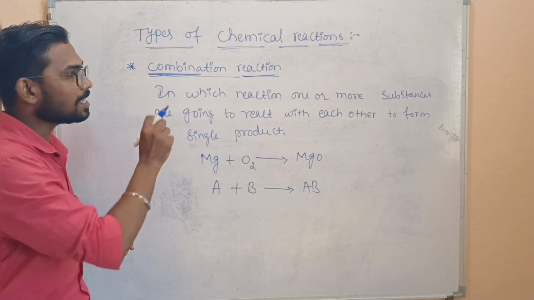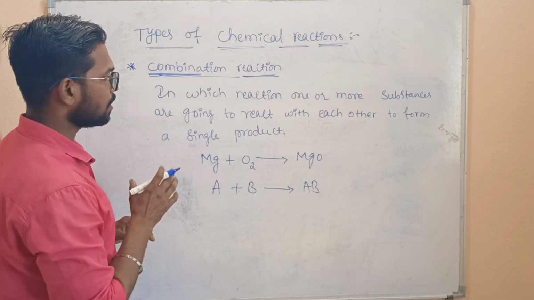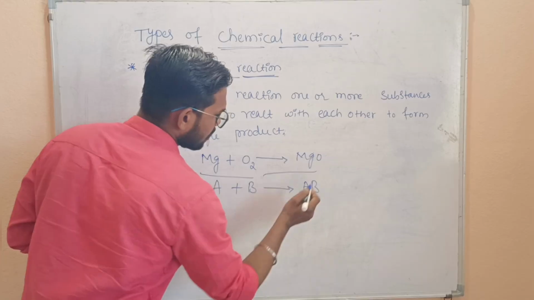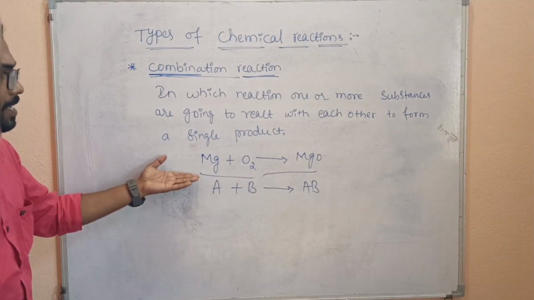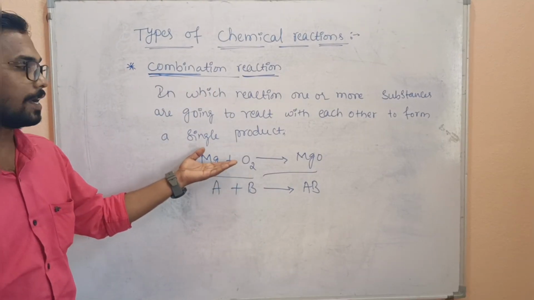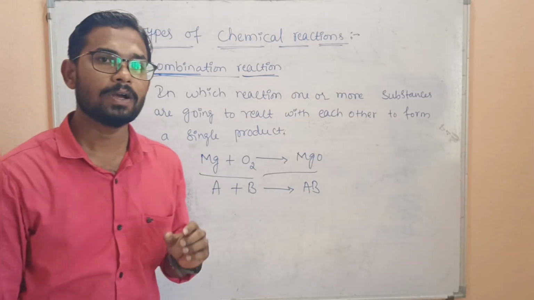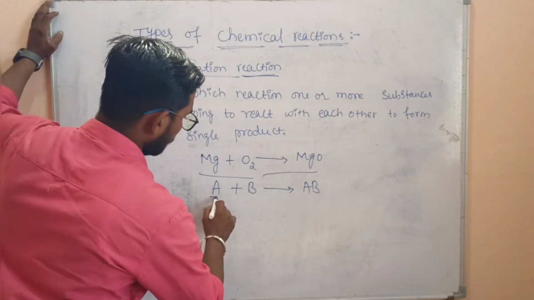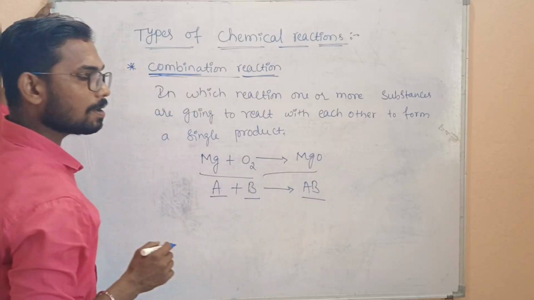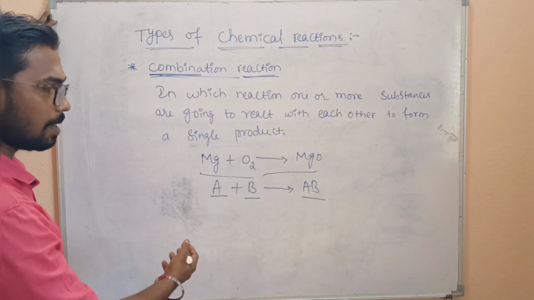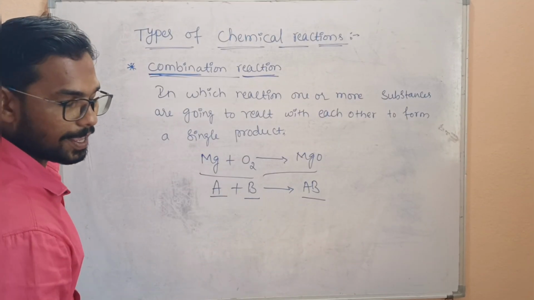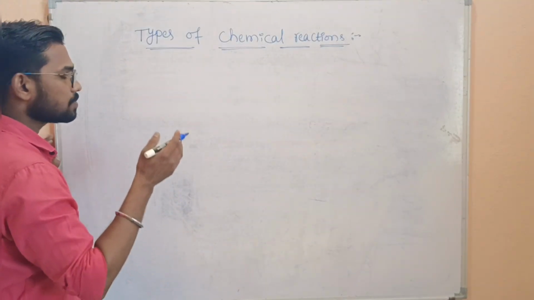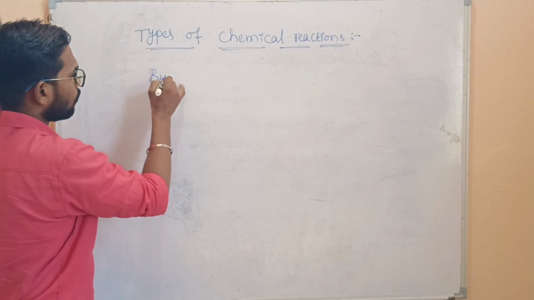That is a very easy definition, and we can remember the easy example: magnesium reacts with oxygen to form magnesium oxide, and A plus B gives AB. We can give many examples, such as burning of coal.